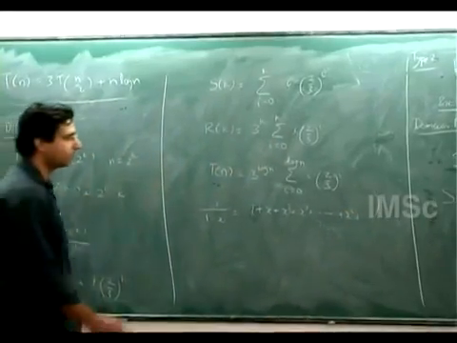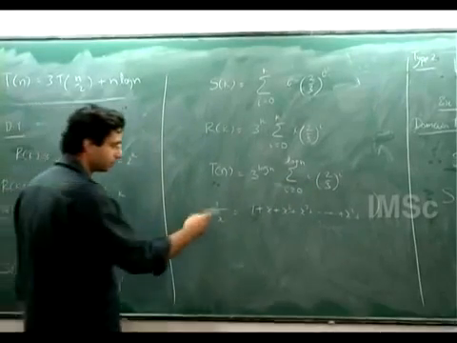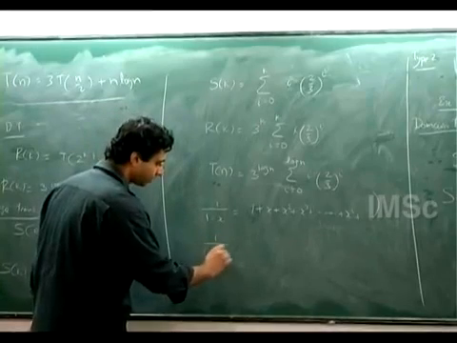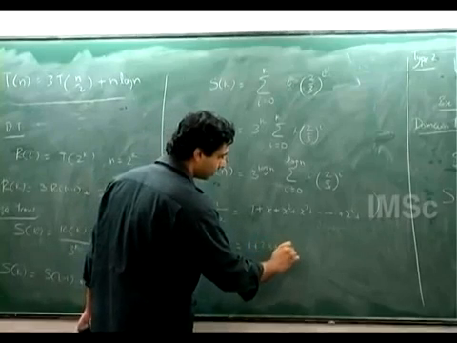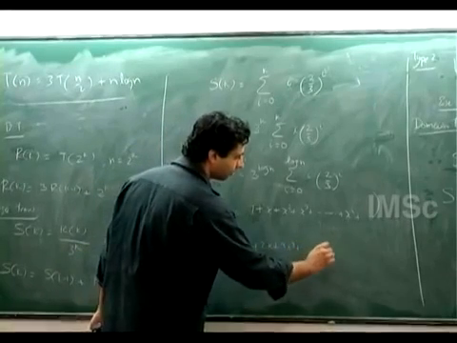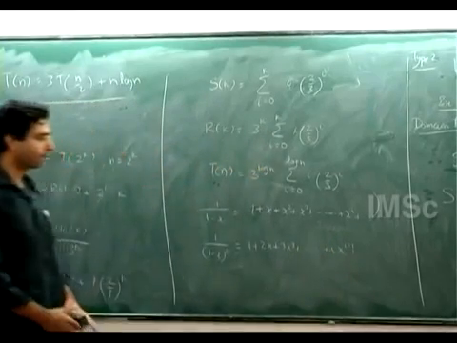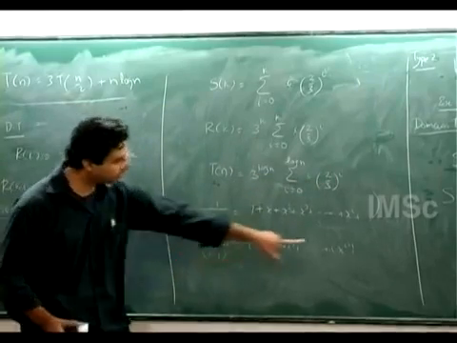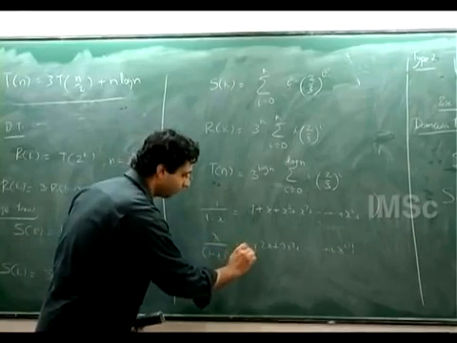To get this i, I should differentiate this equality. So I get 1 upon (1 minus x) whole square is 1 plus 2x plus 3x square plus so on, i x raised to i minus 1. Since this is i x raised to i, I have to multiply throughout by x.